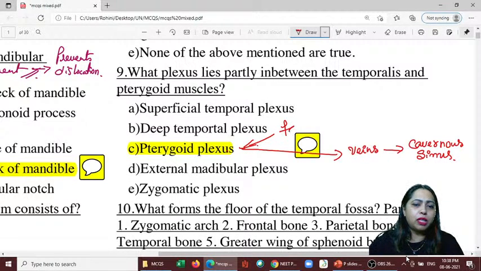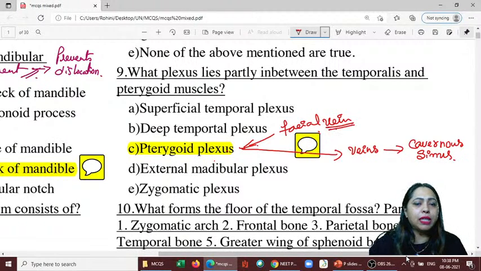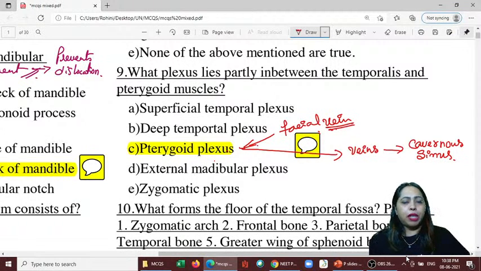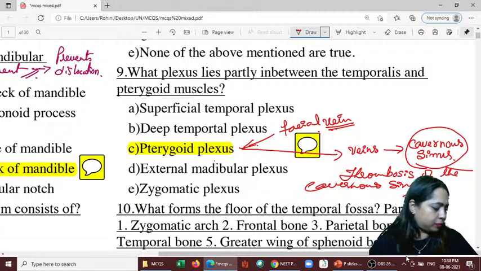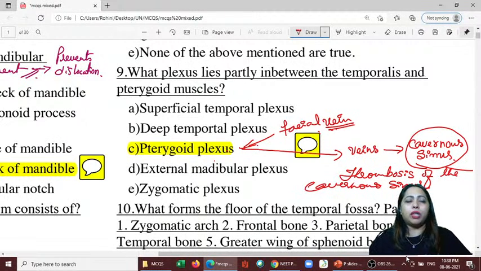The one which drains into it is the facial vein. It has connections with the pterygoid plexus of veins, and any infection on the face can easily be carried through the pterygoid plexus of veins and reach the cavernous sinus to cause thrombosis. Okay, so that is C. The answer is 9C.